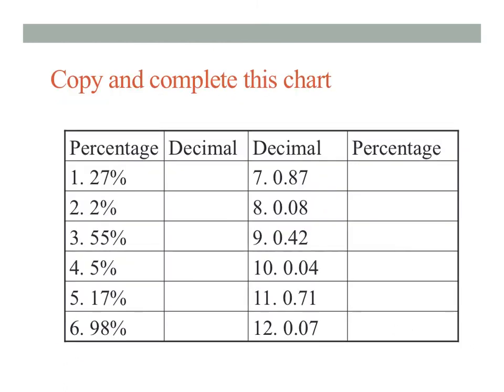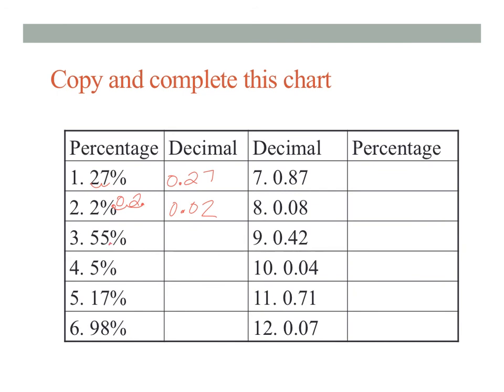So as a quick review, go ahead and pause this and try these out. 27%, remember from percent to a decimal, you move it 2 to the left, so that would be 0.27. 2%, the percent symbol, the decimal is right there to the right of the 2, 2 to the left, fill in that basket, and that's 0.02.